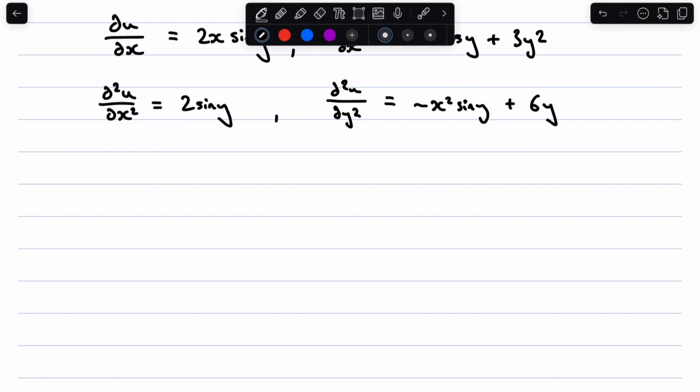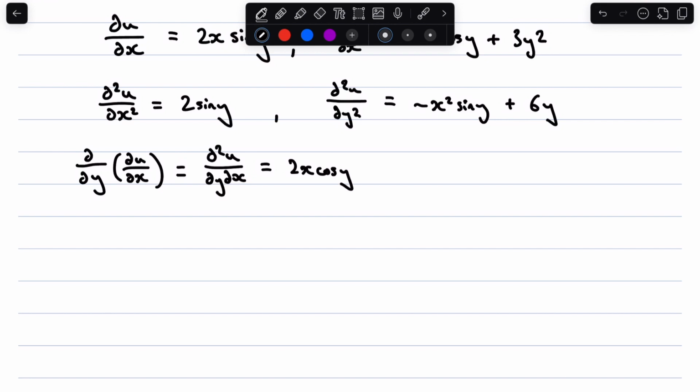And now if we wanted to do our combined terms where we have one partial derivative in terms of x and one in terms of y, we can do it from our du by dx. So if we do d by dy of du by dx, i.e. d squared u by dy dx, we'll have 2x cos y.